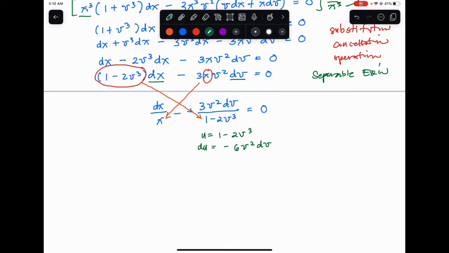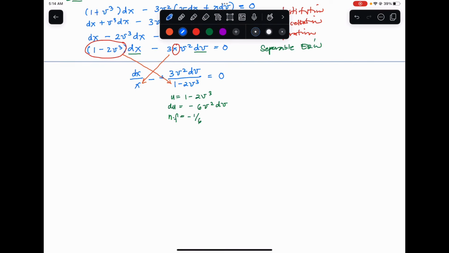So our neutralizing factor, let's say we're not going to use the 3 there. So our neutralizing factor will be 1 over 6. Okay, so I'll do the negative 1 over 6.